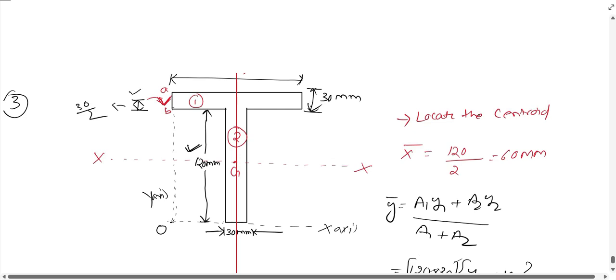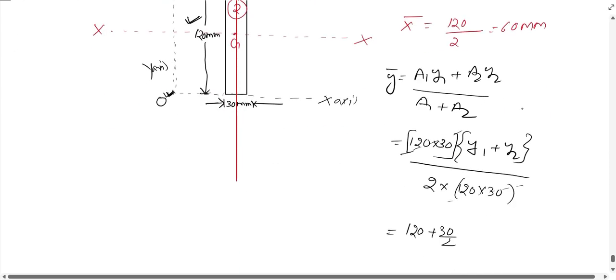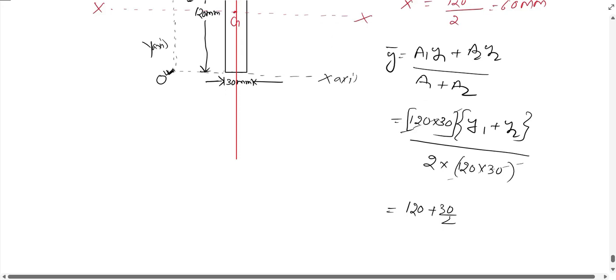Okay, correction, y1 is not the centroid of figure 1, but it is the distance of the centroid of figure 1 from the origin. That's why here we have added this CG, that is 30 by 2 plus 120.